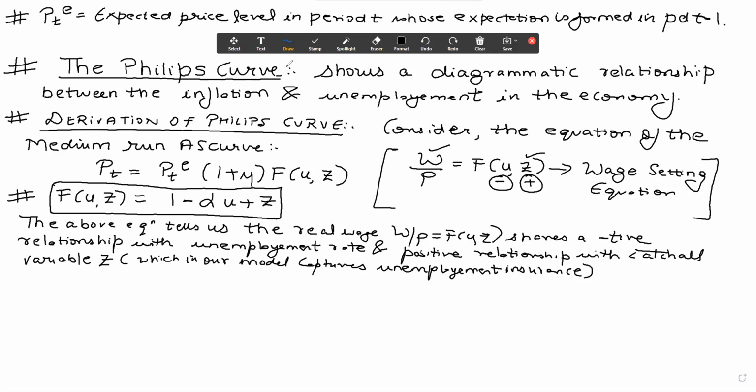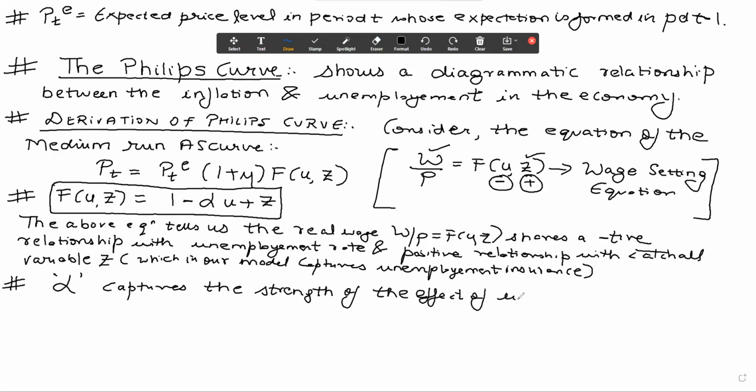So, what does alpha capture? Alpha captures the strength of the effect of unemployment, which is denoted by u, on wages.